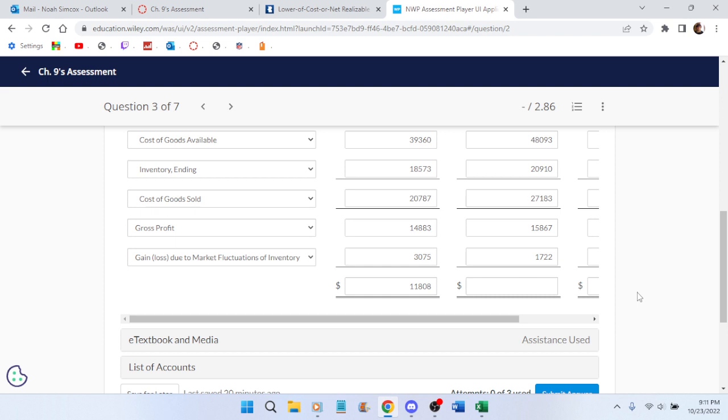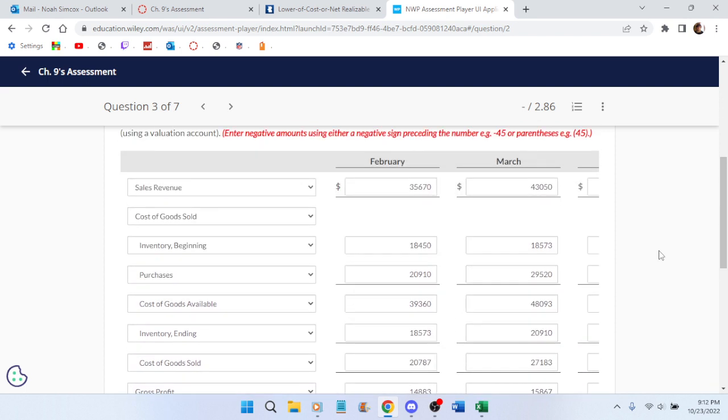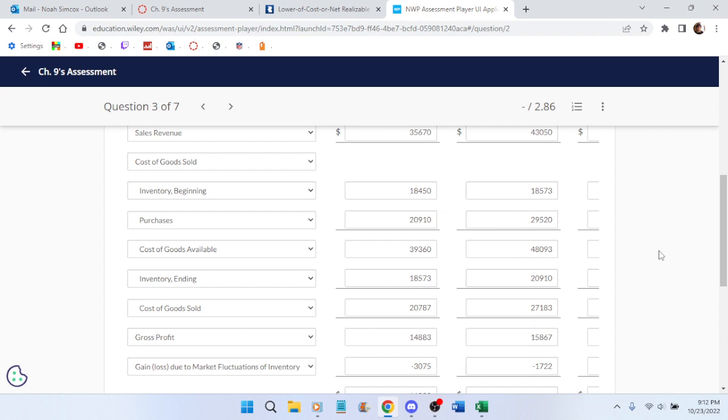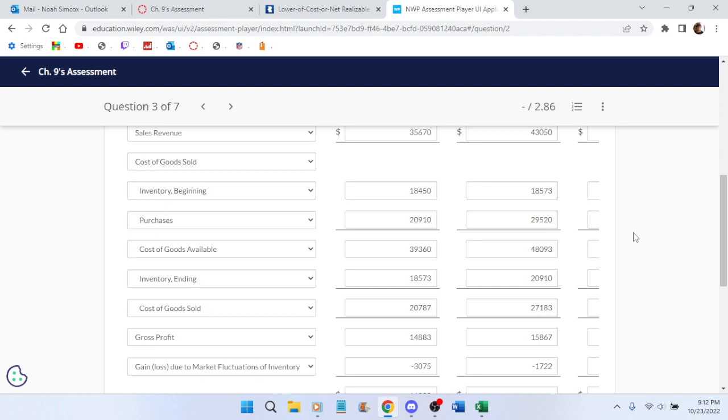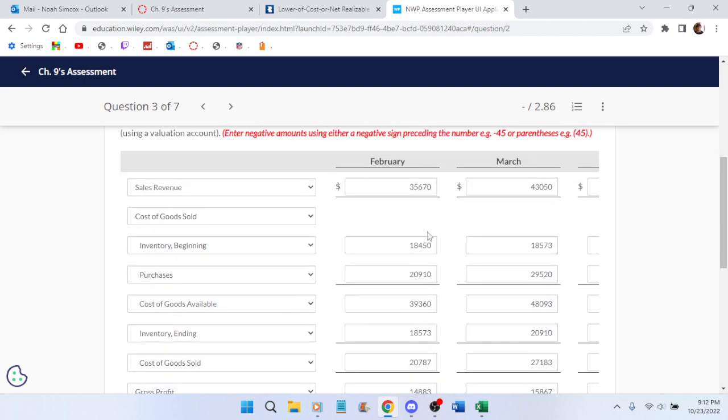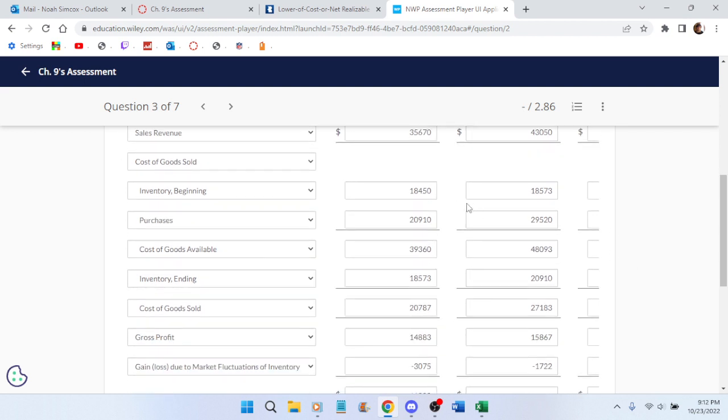I bet you're supposed to, oh, you know what? You're probably supposed to put these in as negatives. I wonder how many of these you're supposed to have as negatives. That'd be hilarious if a bunch of these are supposed to be negatives. Plus this equals this. Subtract ending inventory equals this.